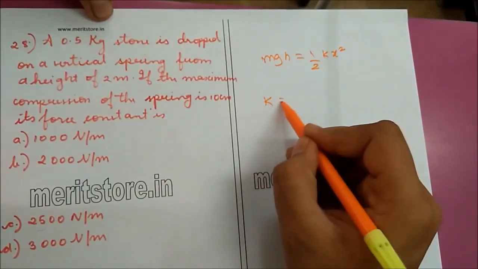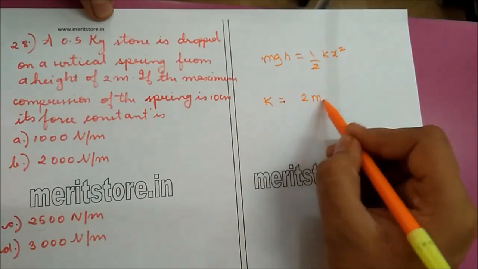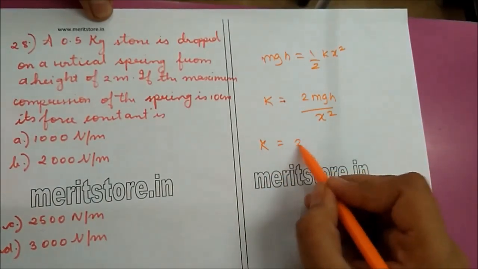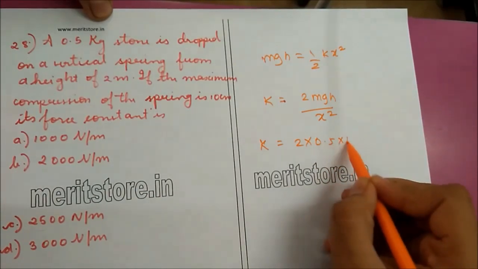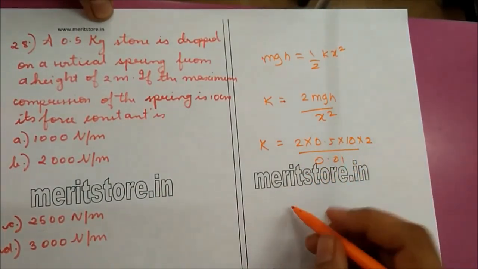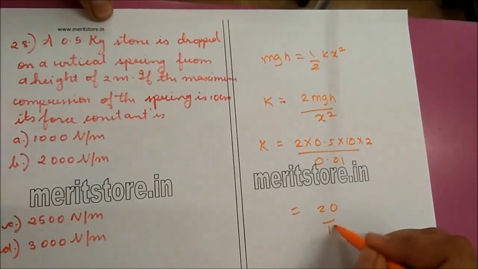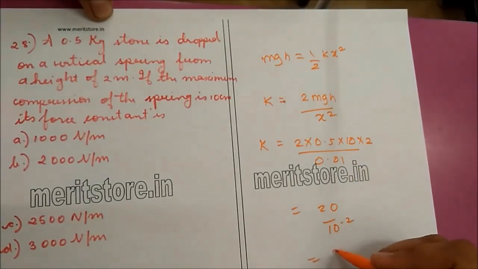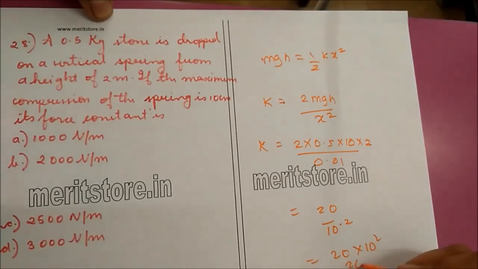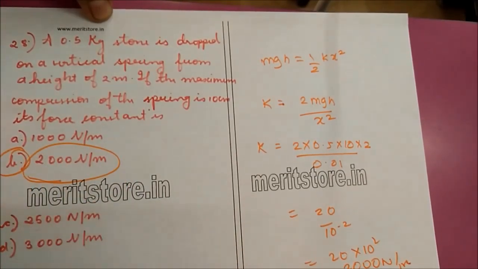The value for k can be written as k is equal to 2 mgh upon x square. So k is equal to 2 into 0.5 into 10 into 2 upon 0.01, which is equal to 20 upon 10 raised to minus 2, which is equal to 20 into 10 raised to 2, or which can also be written as 2000 Newton per meter. So option B, 2000 Newton per meter is the correct answer.